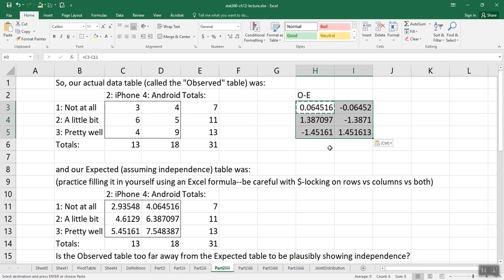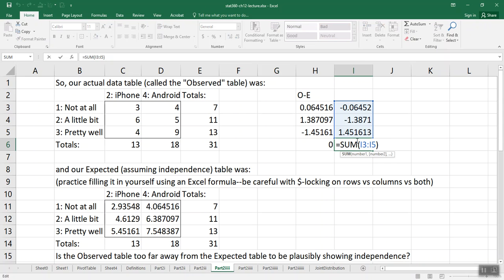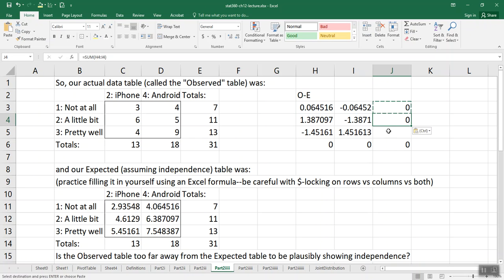and do that for all the cells, and then we'll take the row sums, let's take the column sums, and it turns out that column sums to 0 and that column sums to 0 and the rows sum to 0 too. You can probably just see that even without summing. So this turns out to be too boring of a solution. The answer is just always 0 because we're essentially subtracting 31 minus 31 in little pieces.